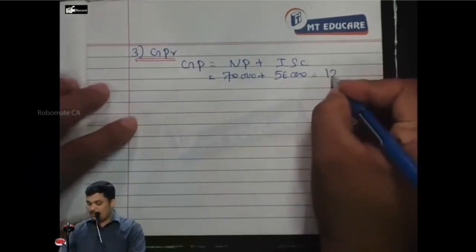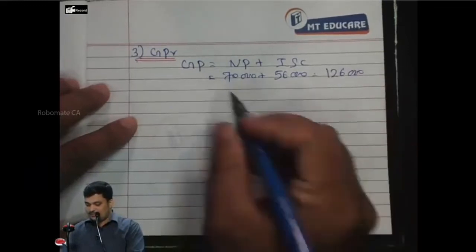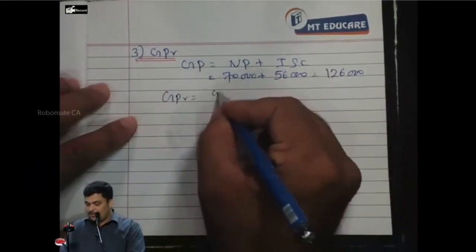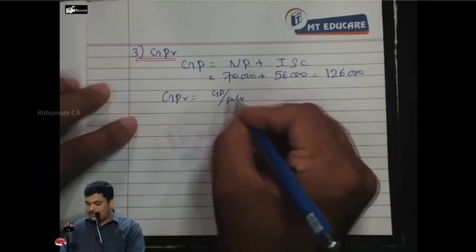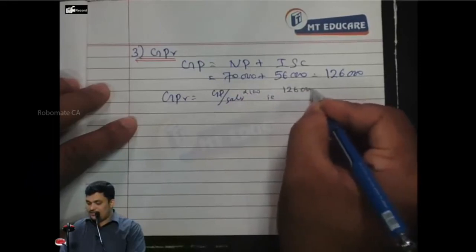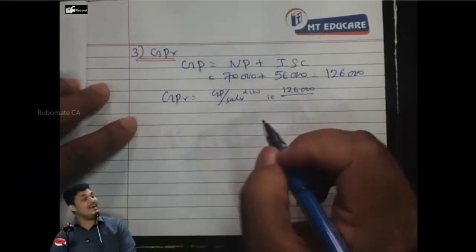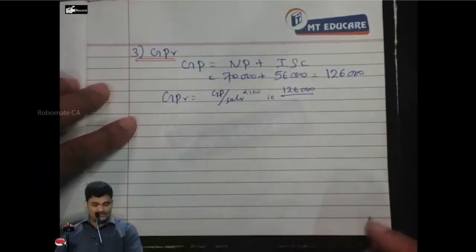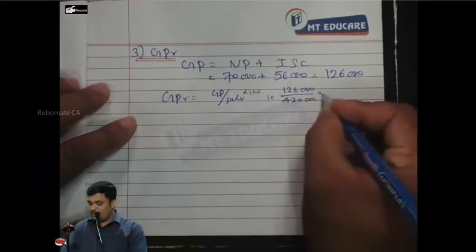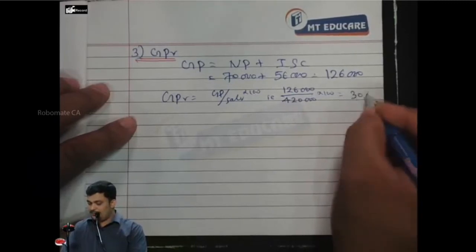Totally how much? 1,26,000. So gross profit ratio equals gross profit by sales into 100, that is 1,26,000 by previous accounting year sales of 4,20,000 into 100, which is 30%.